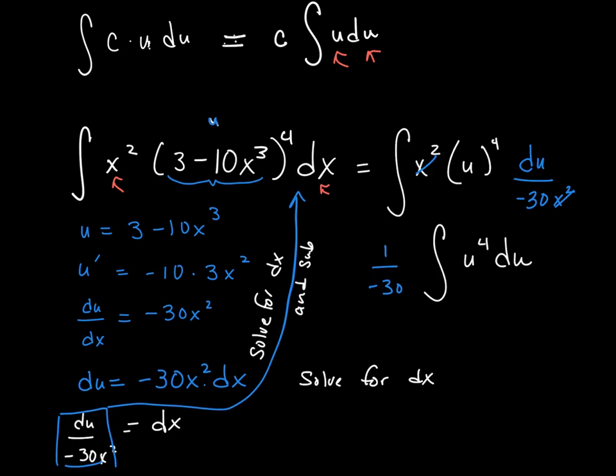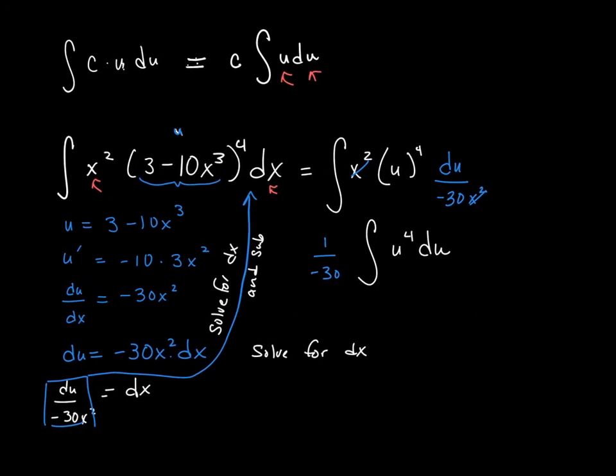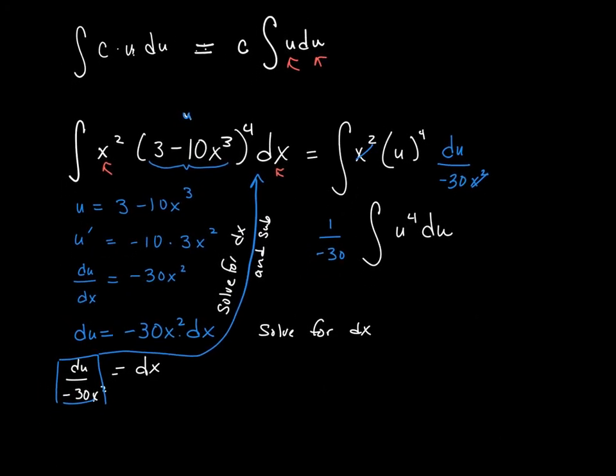I'm going to make this a little bit smaller so it all fits on one slide. I'm assuming you can all still see it. So the 1 over negative 30 stays out front. Then I multiply this times u to the 5th over 5 plus my constant.